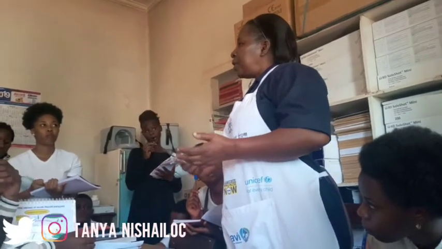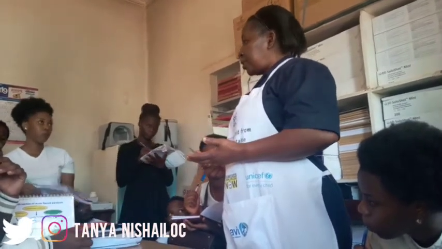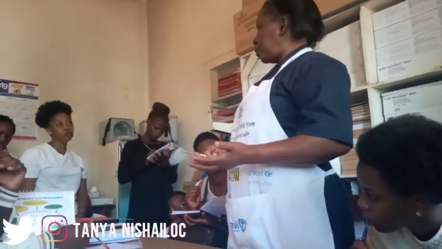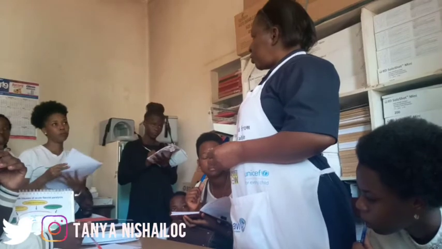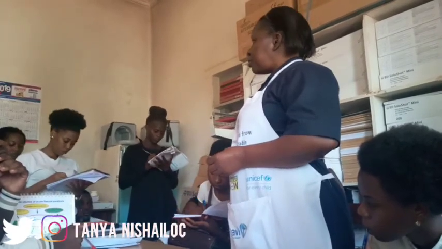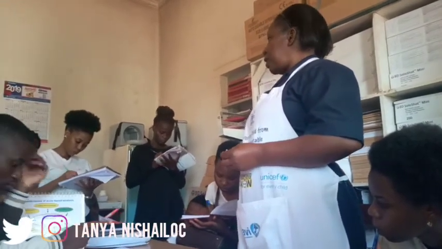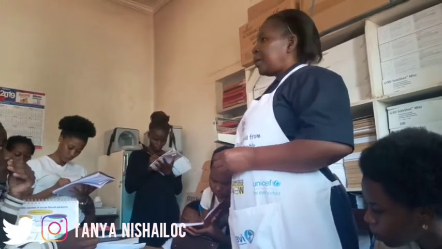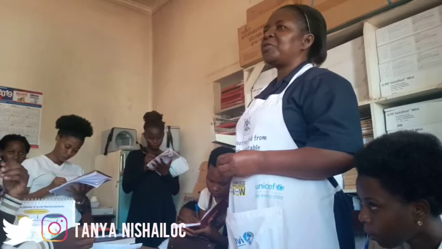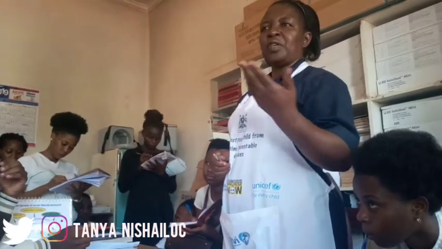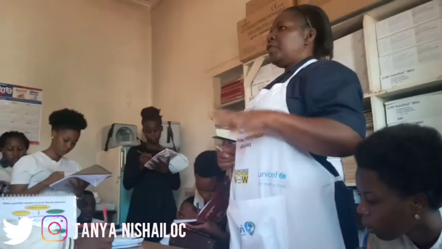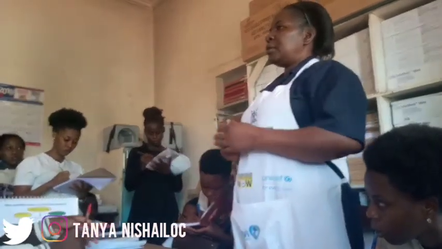For rotavirus vaccine, we have already talked about it. For the HPV, we have not talked about the HPV. The HPV is also 0.5 intramuscular on the upper arm. HPV, who knows what HPV is? Human papillomavirus.